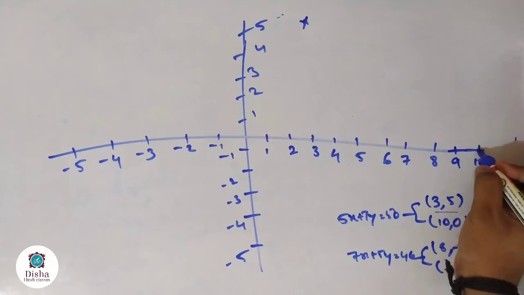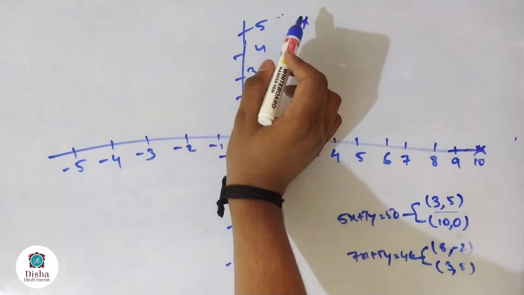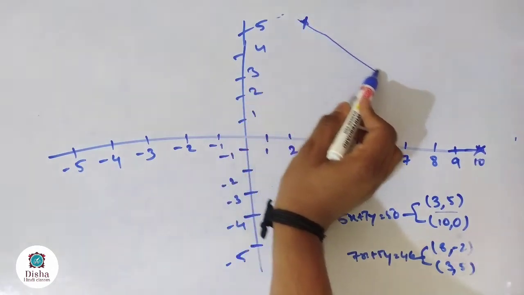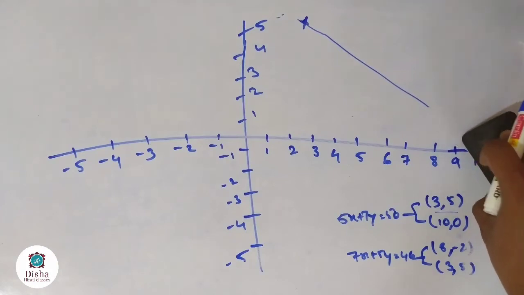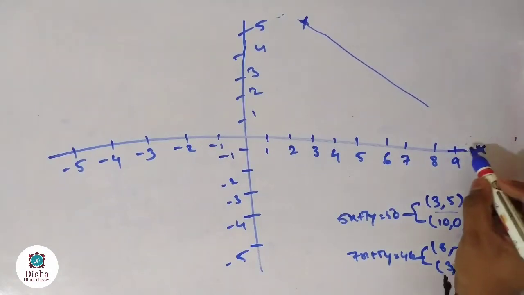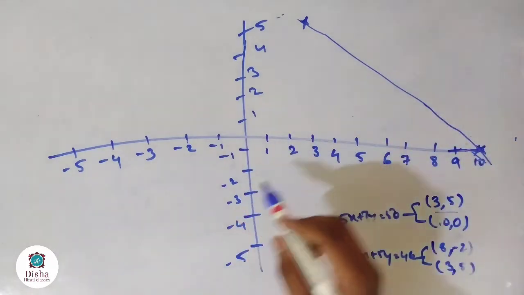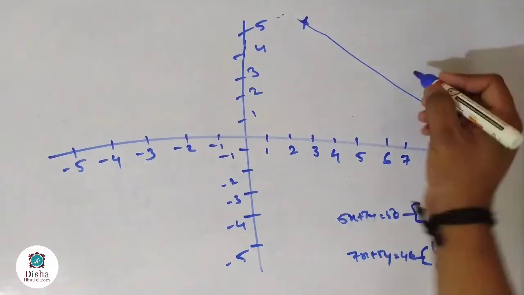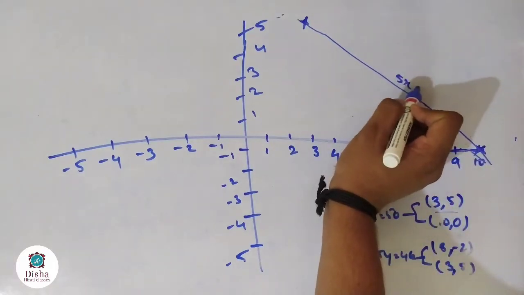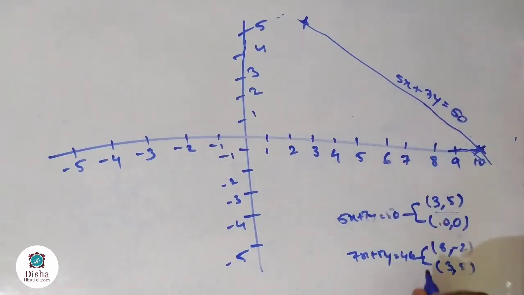So here it will be 10 comma 0, right? This will be the straight line. I think it's not straight enough, but it's understandable. Only for your understanding I am drawing this. This is 3 comma 5, and this is 10 comma 0. So this is the line 5x plus 7y equals 50.